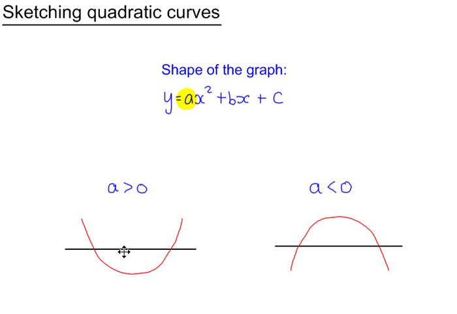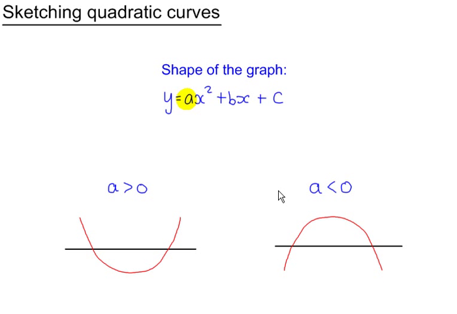It doesn't have to be going through the x-axis. You might get something like this. So this one had 2 roots here, this one's got just the 1 root there, this one's got no roots. And if the coefficient of x squared is negative, so if it's less than 0, you might get a curve like this. There's 2 roots there, it's n-shaped, 1 root here, and no roots.